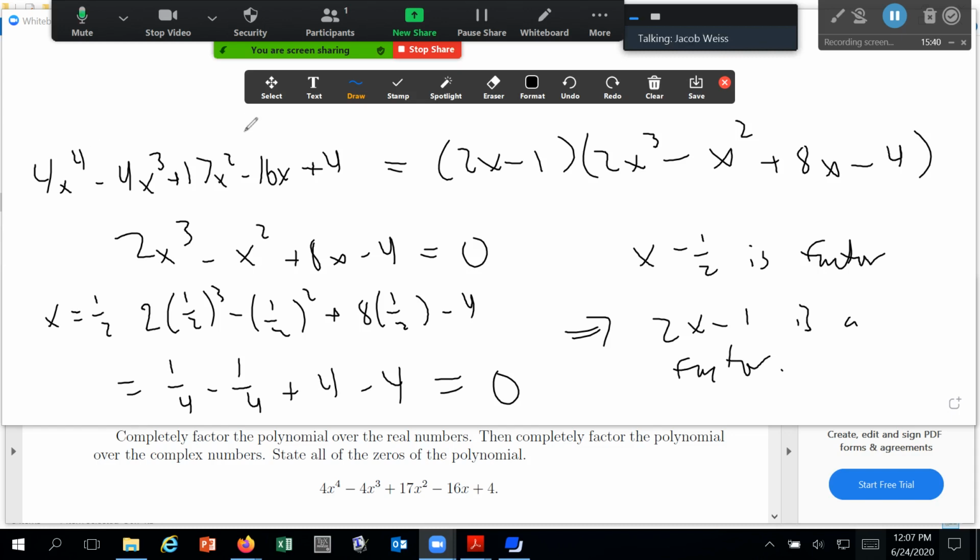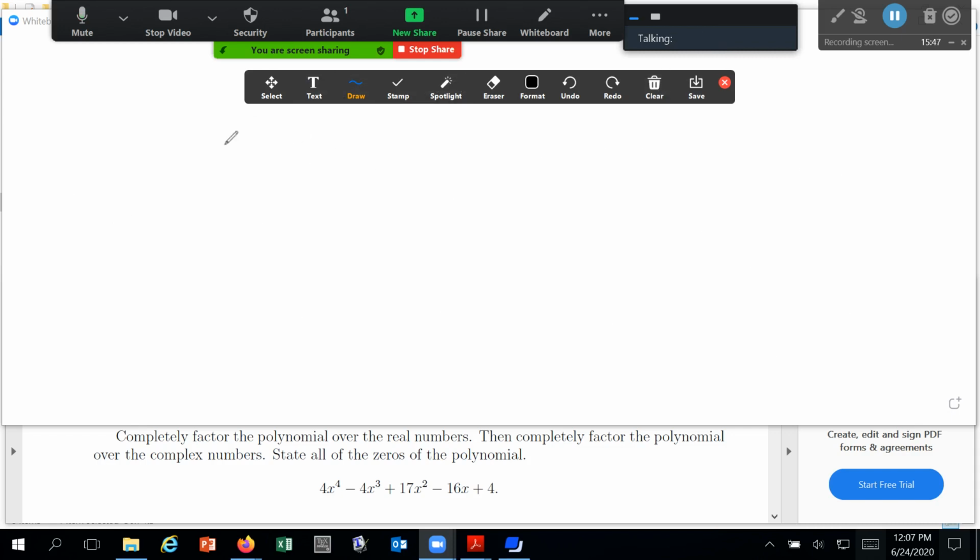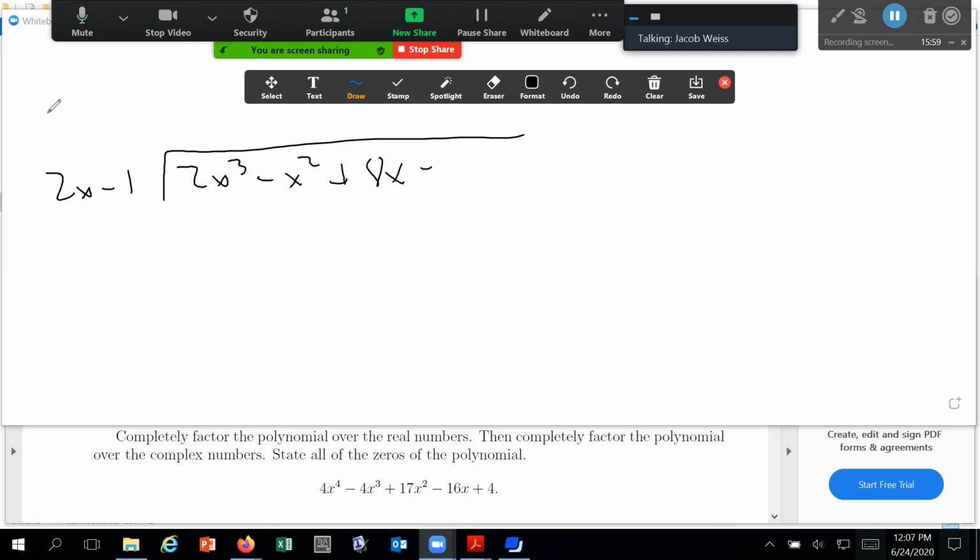So I am going to again take this polynomial, 2x cubed minus x squared plus 8x minus 4, divided by 2x minus 1.